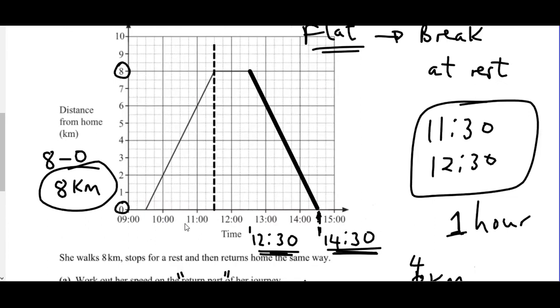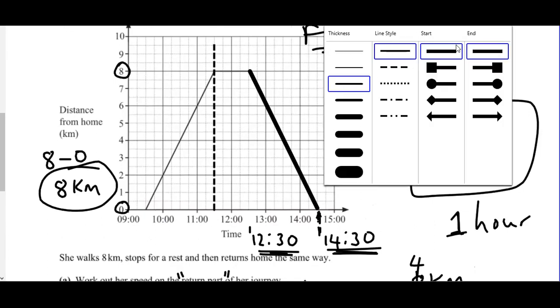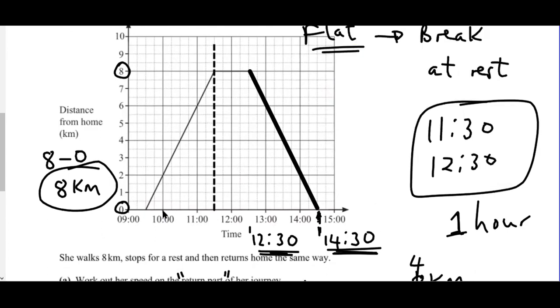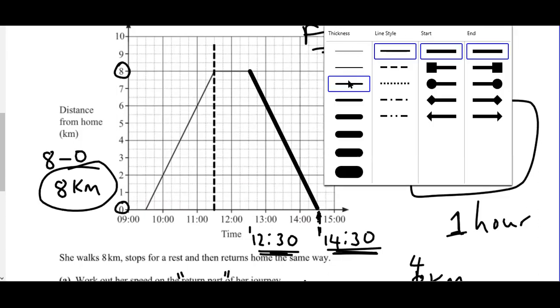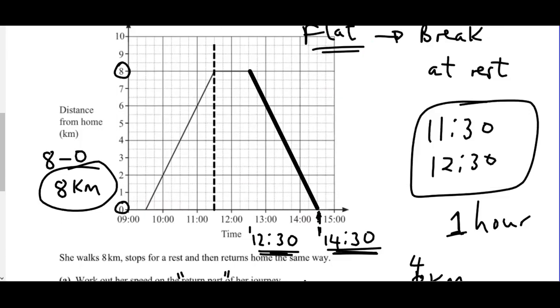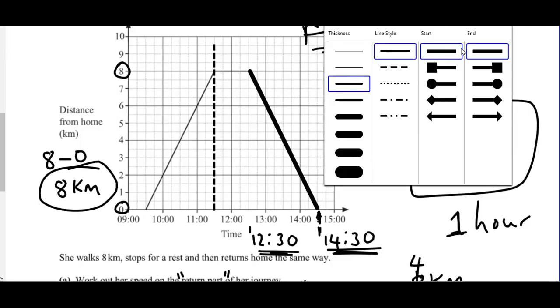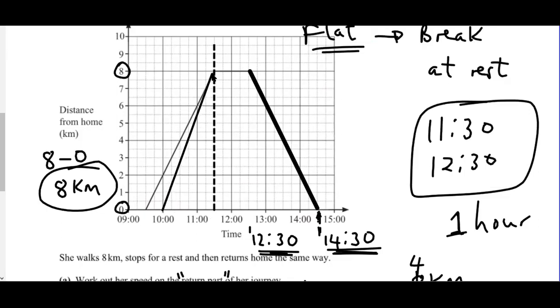But how about the distance? You have to show very clearly the distance he walked. So from this time here, you go all the way up there. Let me show clearly using a straight line. Okay, so there we go. From here, all the way up to 9. Can you see that?